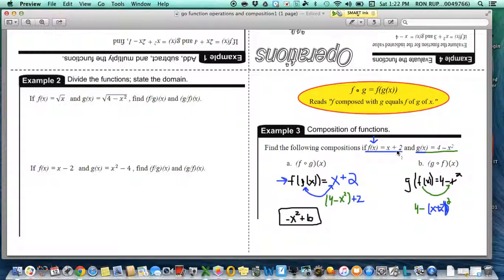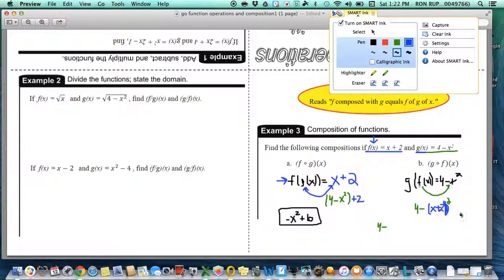Now I have to evaluate. I'm going to take 4 and subtract x plus 2 squared. Let's rewrite this: 4 minus whatever x plus 2 squared is.